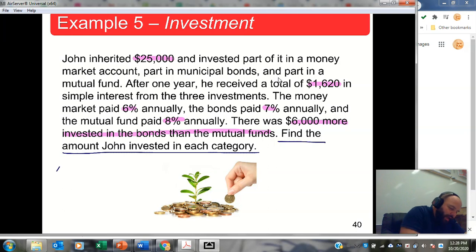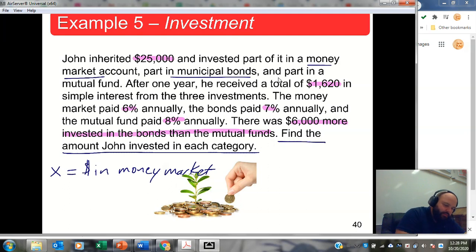So we're going to call X, and we're going to go right in order. X is going to be the amount of money in the money market. Okay, you can see money market account. The next one is going to be the municipal bonds.